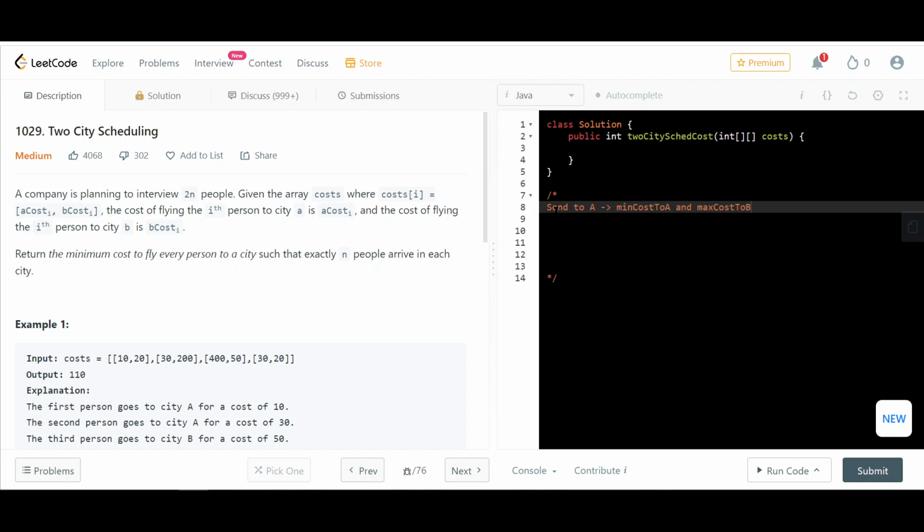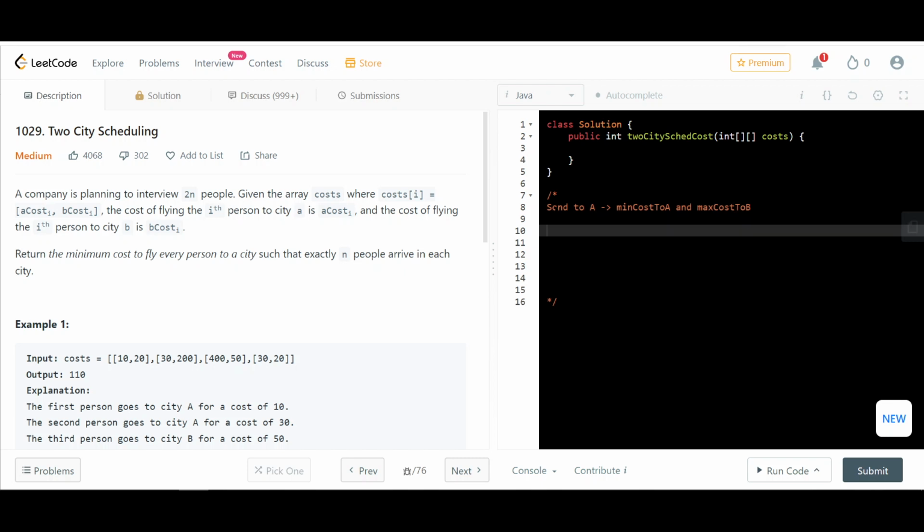But now take this example. For one person the cost is, let's say, 10 and 100, and for the other person the cost is 50 and 1000.